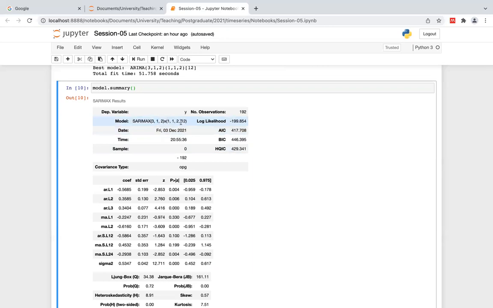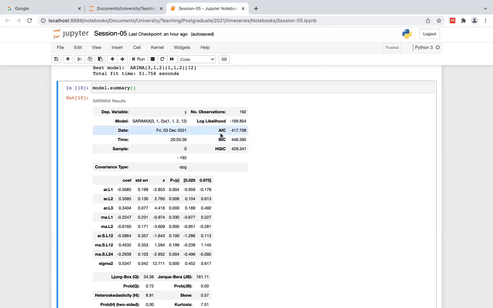Then in the seasonal component, we have one previous autoregressive part, order 1, which means the previous year, differencing by 1, as well as the seasonal moving average is also 2, which means order 2.